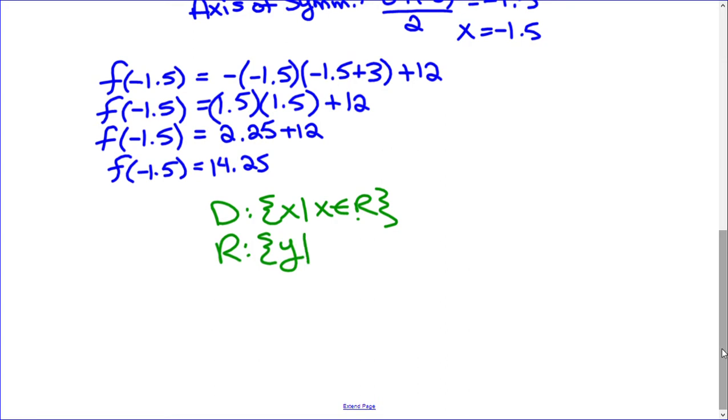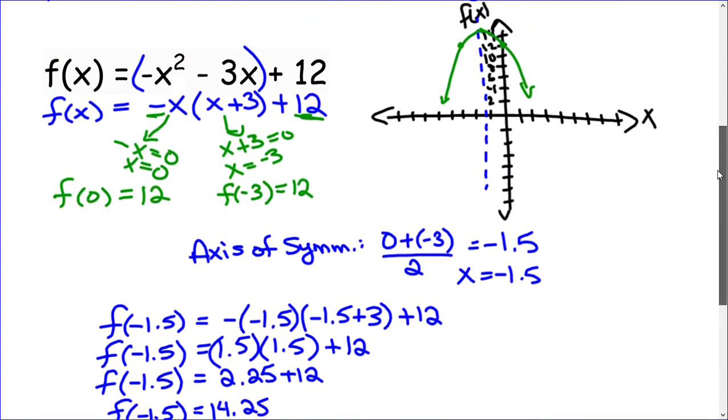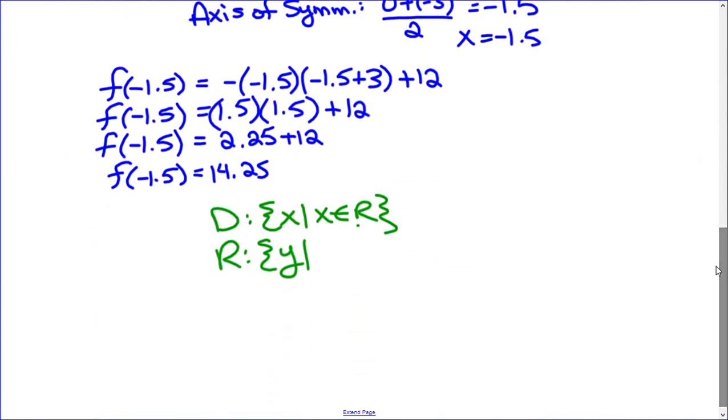In this case, because I have a maximum, a high value, remember I need to put everything below that. So y is going to be less than or equal to 14.25, such that y is in the set of all real numbers. It includes everything. So that's our partial factoring strategy.